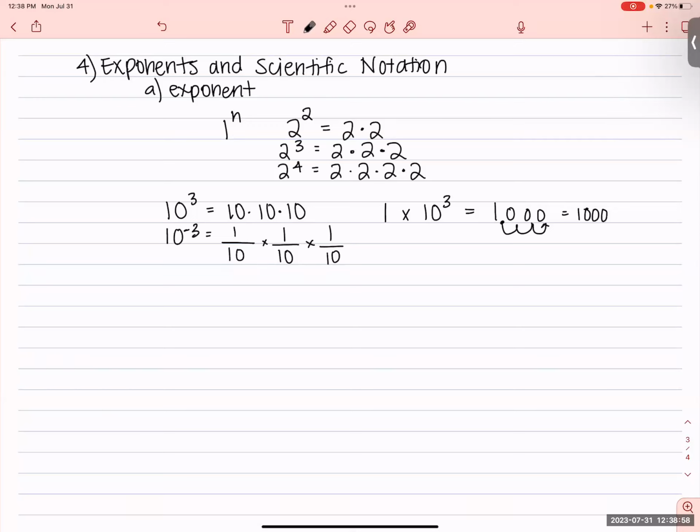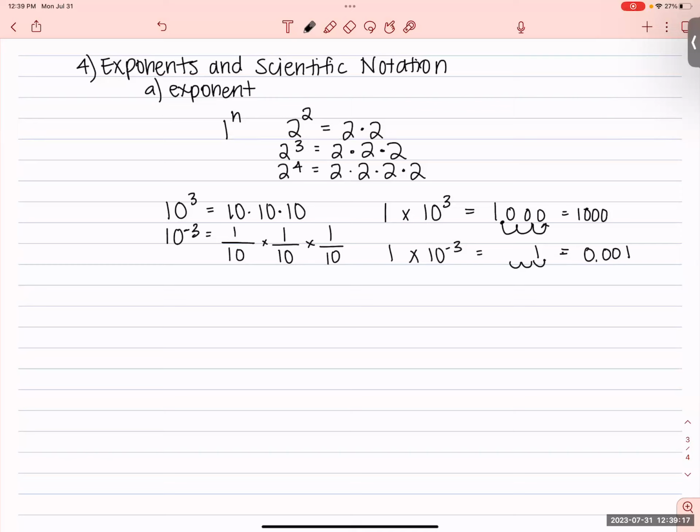So if we have a 1 times 10 to the -3, we would start with our 1, and then we're going to go backwards with our decimal 3 places. So we would get 0.001, because we're making a smaller number because we're dividing it by 10.